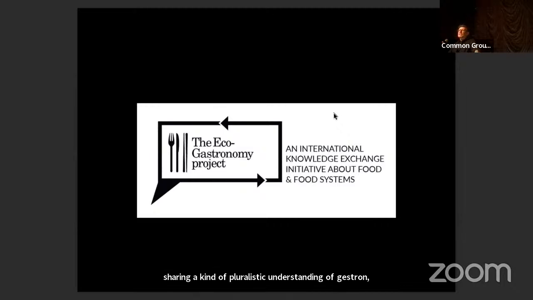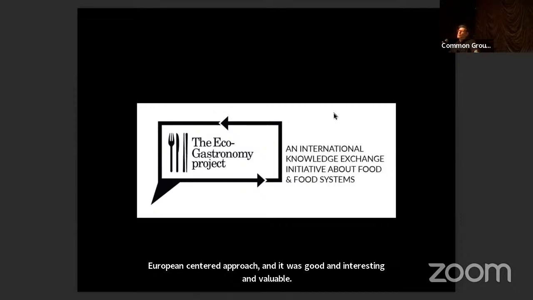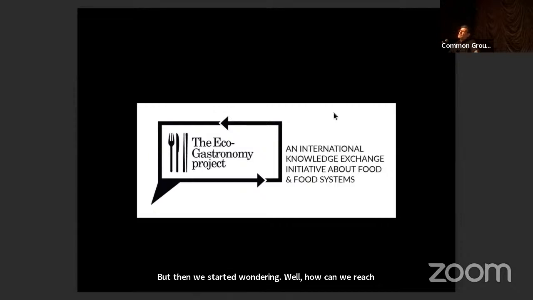We at the university in Italy had a very European-centered approach, and it was good and interesting and valuable, but then we started wondering, well, how can we reach out to other world cultures? How can we think about gastronomy in our sort of 360 or maybe 320 degree sense? And have a pluralistic conversation with other communities about what gastronomy means to them.